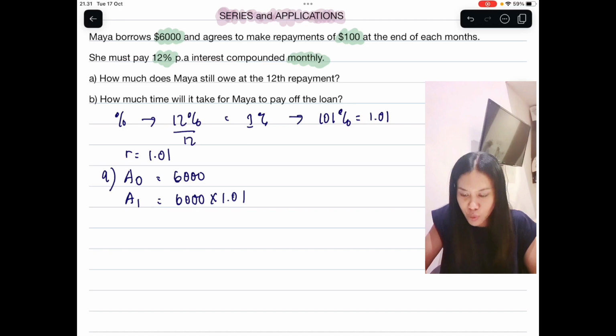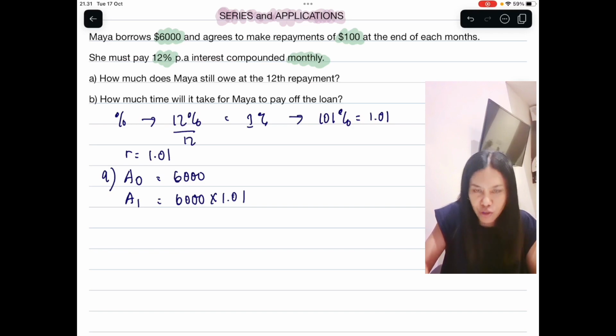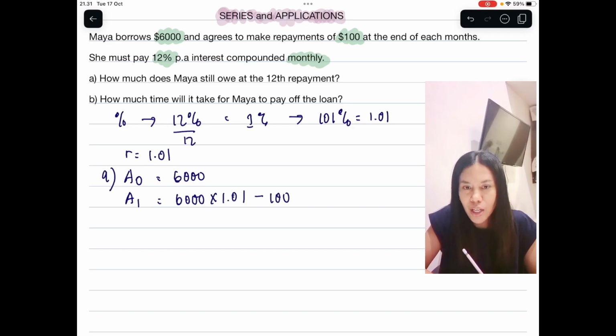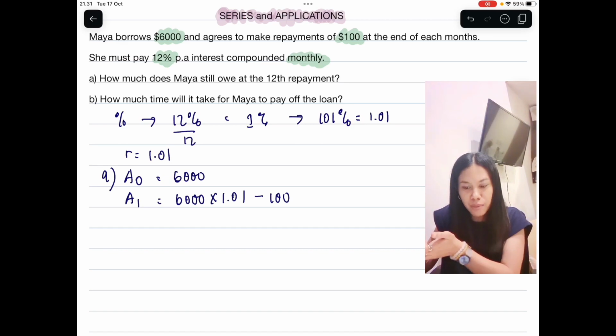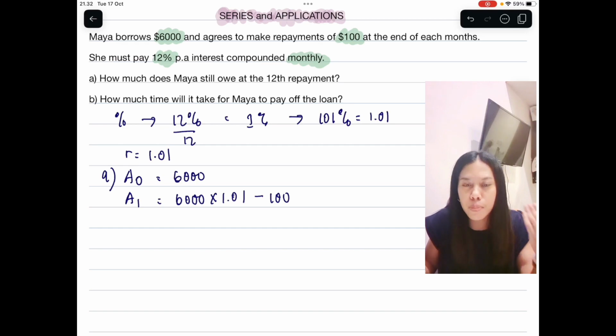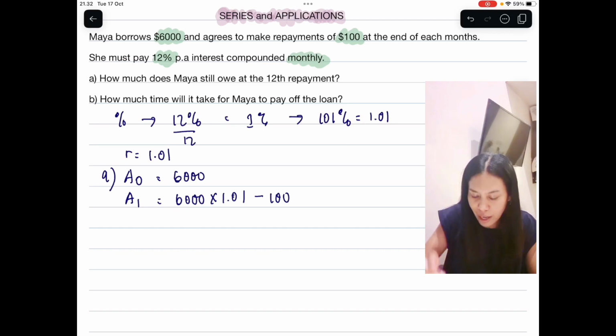But then, as we see in the question, she pays every month $100, so it's minus 100. So after the first month, she's owing 6,000 times 1.01, but she's paying $100, so minus 100. It's always going to be minus 100 because she always pays. Hopefully she's always going to be paying every month. Okay, so after the first month is that, then we're going to roll, and then after the second month.